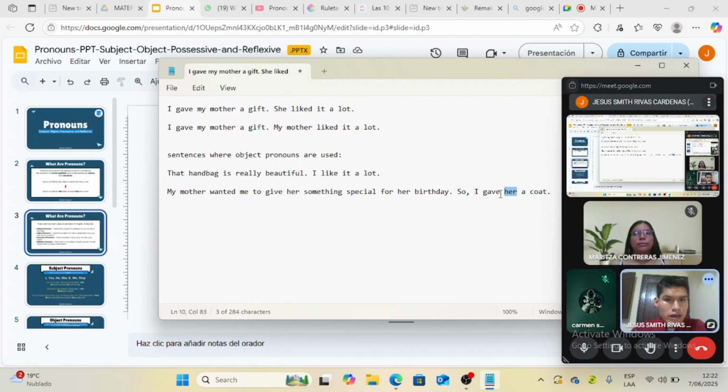The verb here is in past simple. It comes after because it is an object pronoun. It receives the action of the verb. And here, this object pronoun replaces my mother.